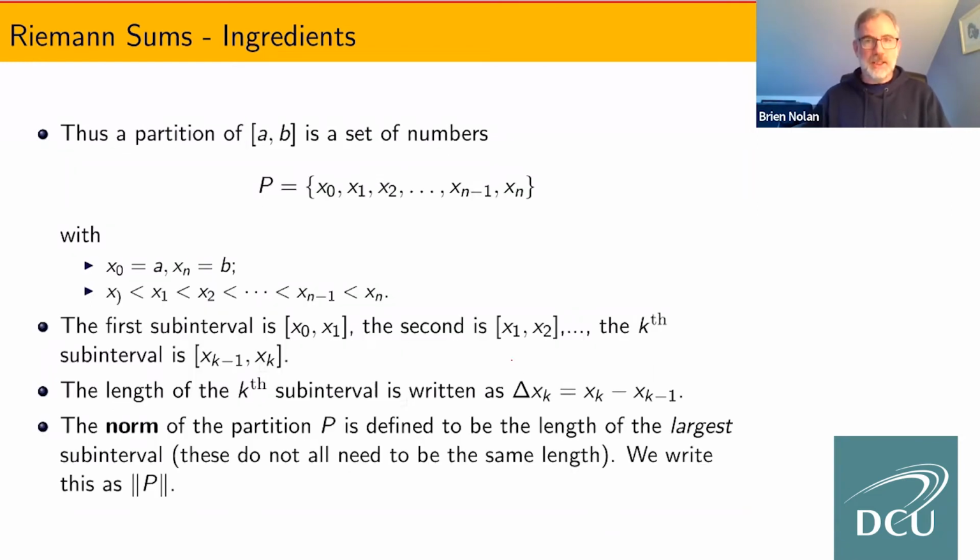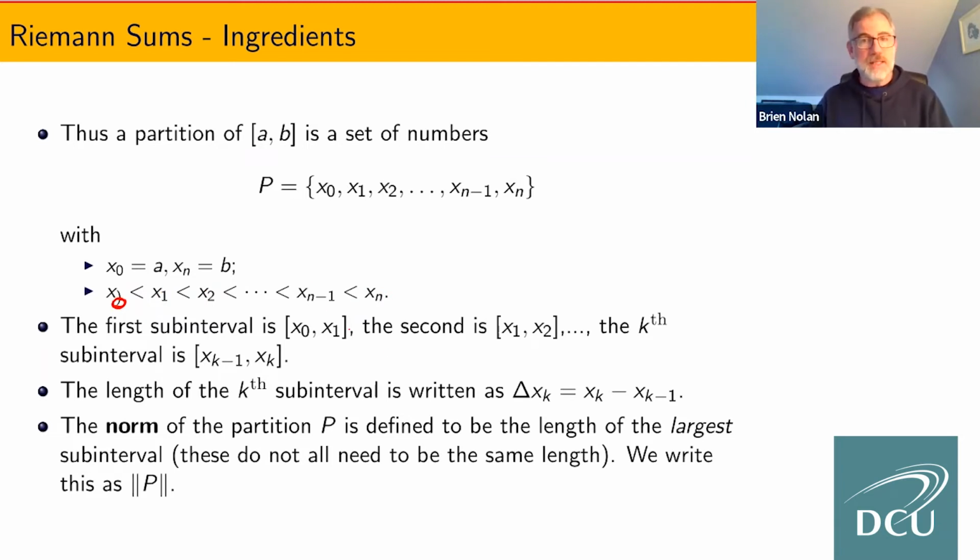So our partition is this set of numbers, x0, x1, x2, and so on up to xn. The first one, x0, is a. The last one, xn, is b. x0 must be less than x1, so we have this strictly increasing list of numbers. x0 is to the left of x1, which is strictly to the left of x2, which is to the left of x3, and so on until we get to the last number, xn, which is equal to b.